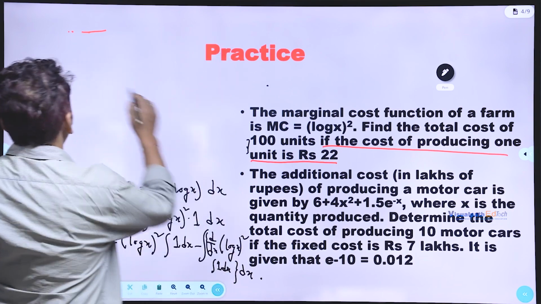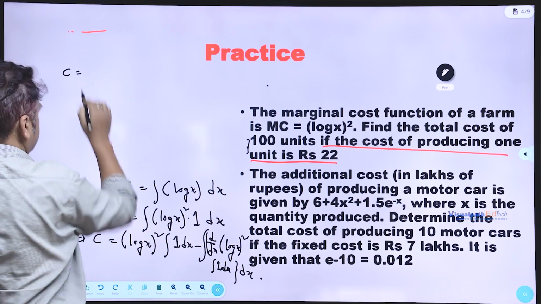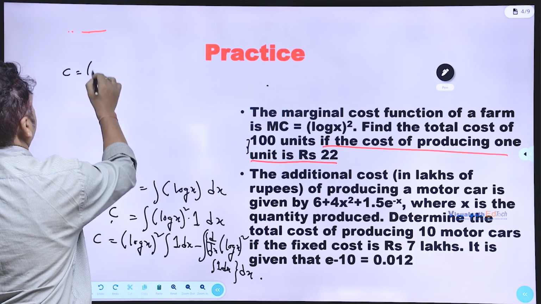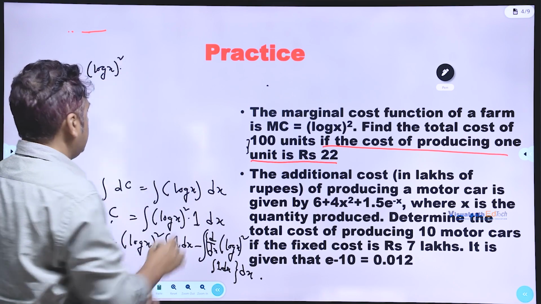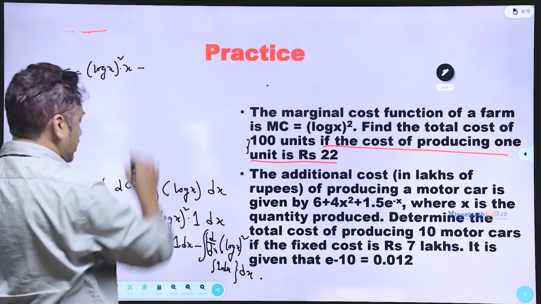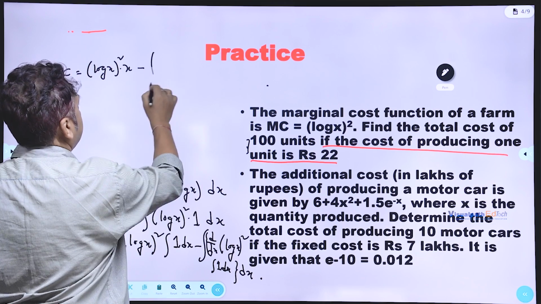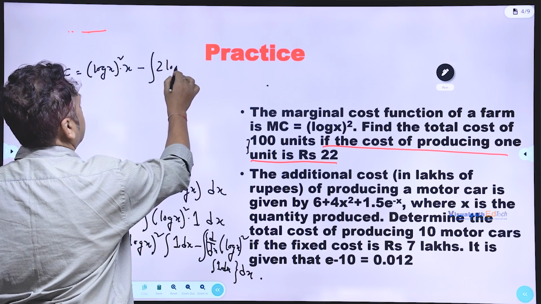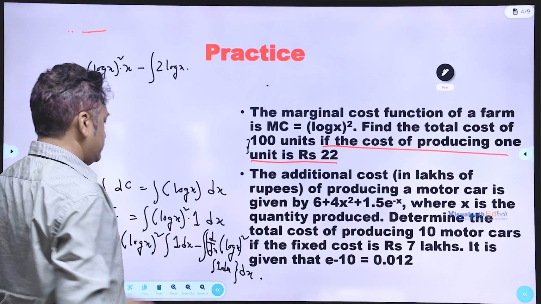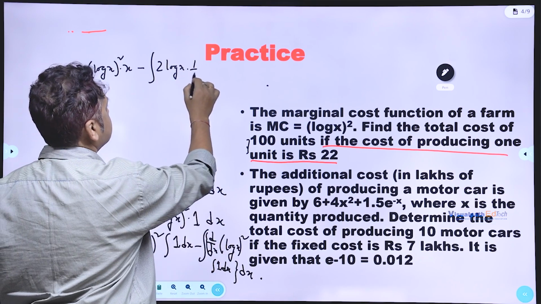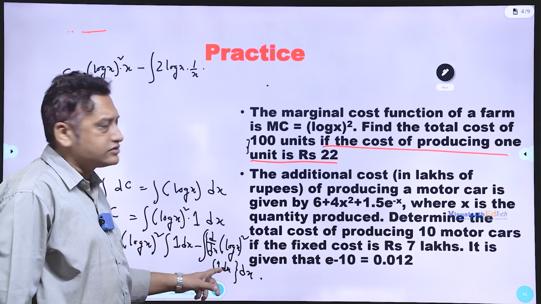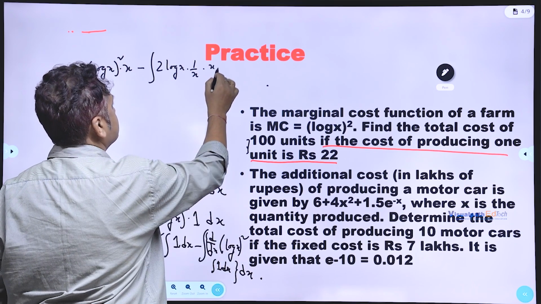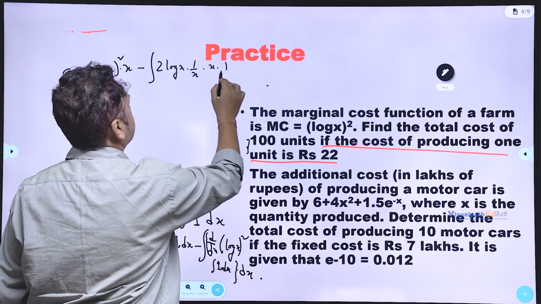So let's redo it. C is equal to, we will get log x whole square into integration dx is x, then minus, this will be 2 log x into d/dx of log x is 1 by x into, can you see there is an integration 1 dx, integration 1 dx is x into dx.